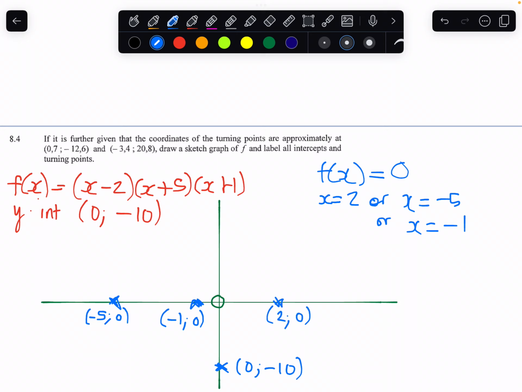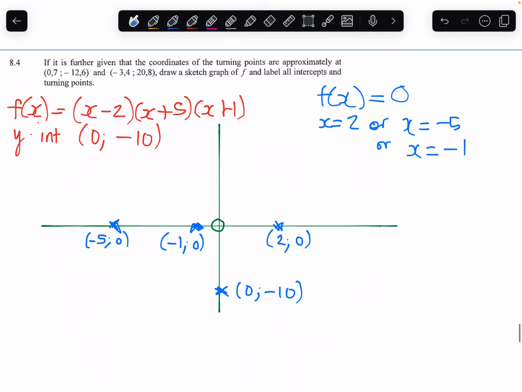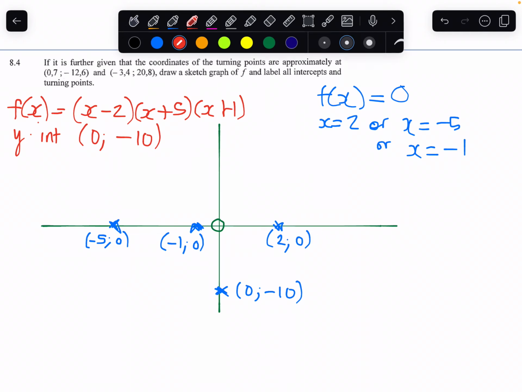Then we're also told that our turning points happen at (0.7, negative 12.6). Don't know why this thing is so far down. Now I'm just going to be lazy and extend my axis without a ruler.